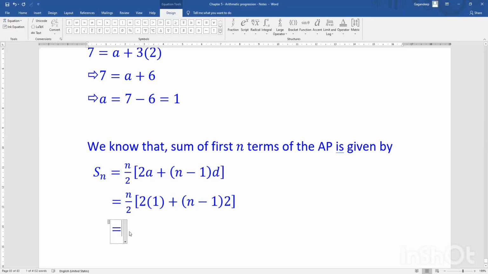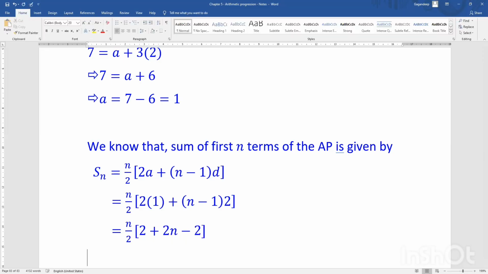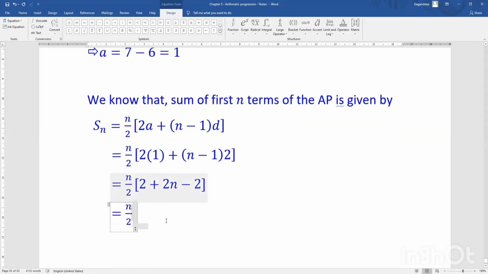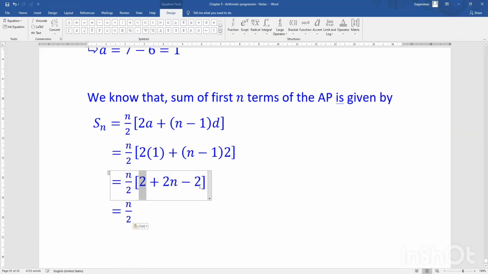N by 2, bracket open, 2 ones are 2 plus n into 2 is 2n minus 2, bracket close. 2 and 2, it gets cancelled now. You will be getting it as n by 2 outside the bracket. And here inside the bracket, 2 and 2 got cancelled, because this 2 and this 2 gets cancelled.